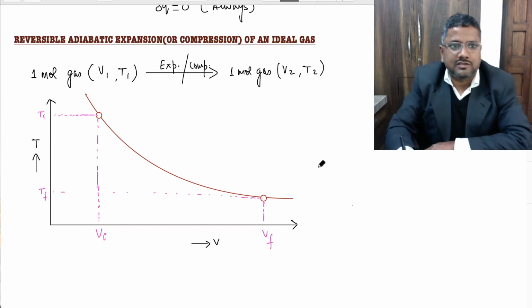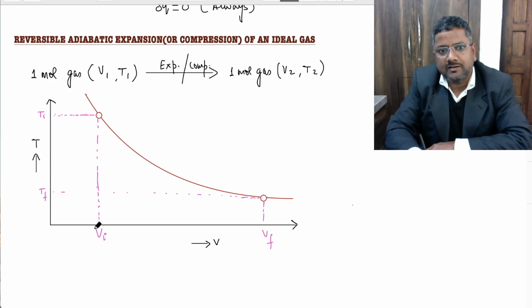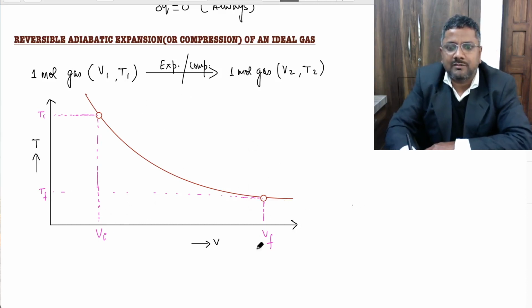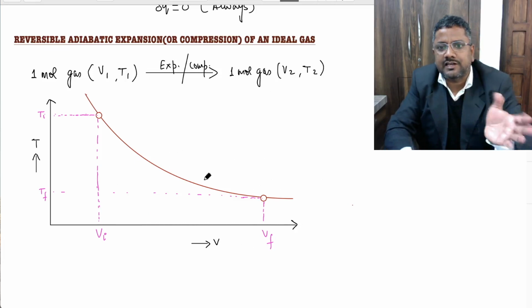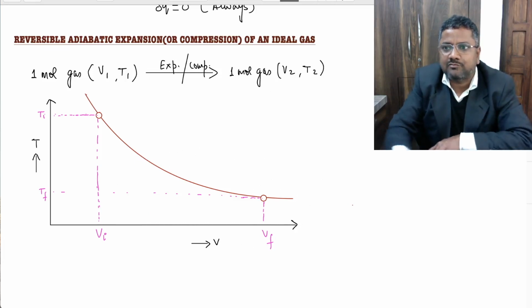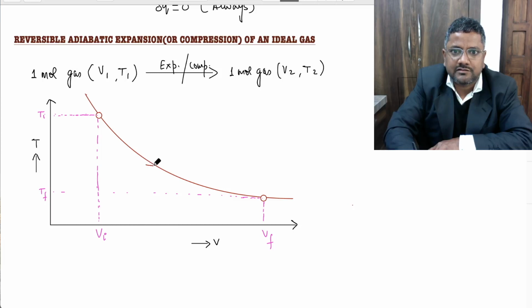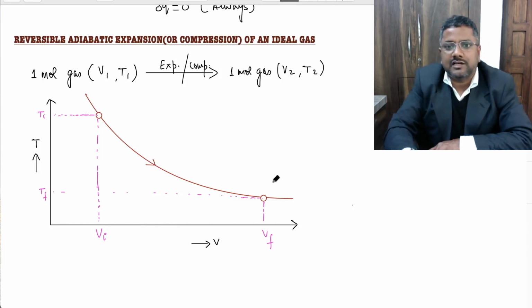So this is adiabatic expansion. I am showing here V final is more than V2, which is more than V1. So we can say this is an expansion. If the path is this, we are moving in this way. So this is an expansion.